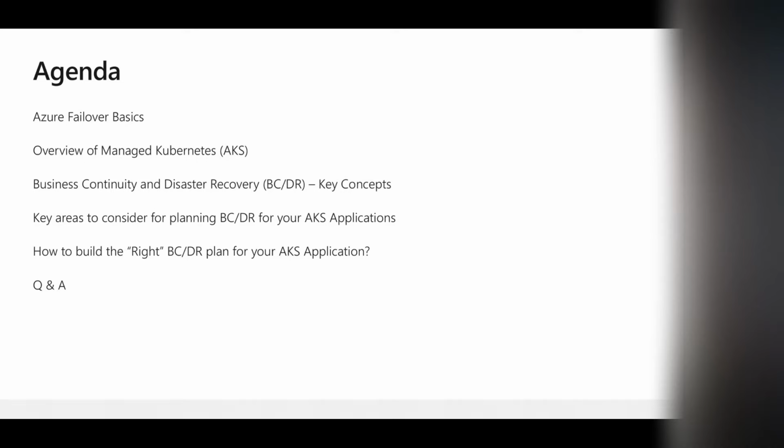So here's the quick agenda. We are going to first look at quick Azure failover basics because these are the key concepts, especially in regards to IaaS. We will talk about that. Then we will do a quick loop around a minute on what is Kubernetes and what is Azure Managed Kubernetes, which is AKS, and then look at some of the BCDR concepts, what things you need to look at when you're planning it, and then we will look at different pieces of AKS architecture that you need to protect to build an AKS plan, and we'll look at some examples.